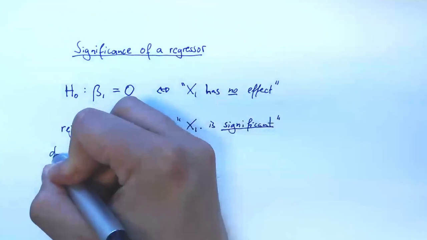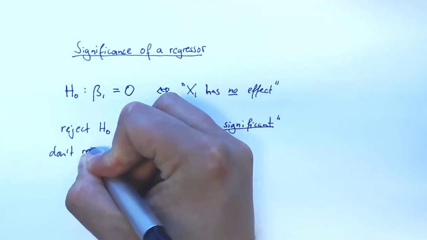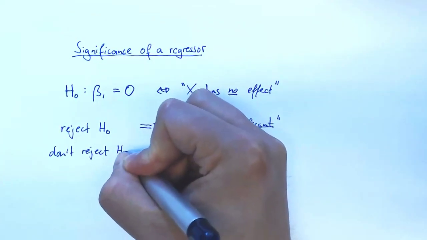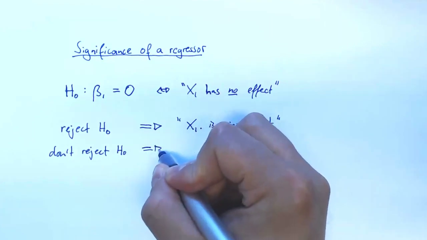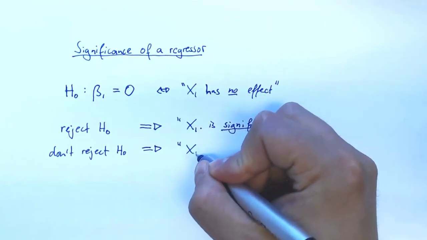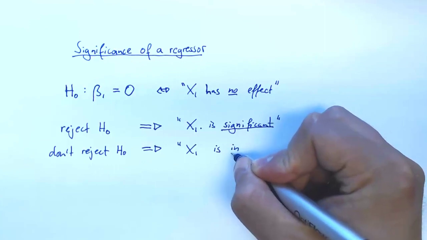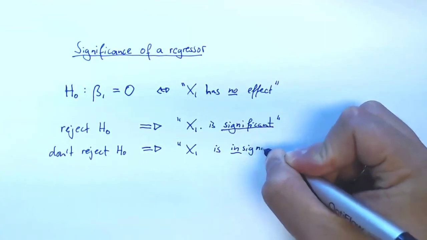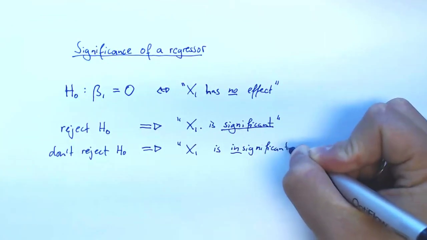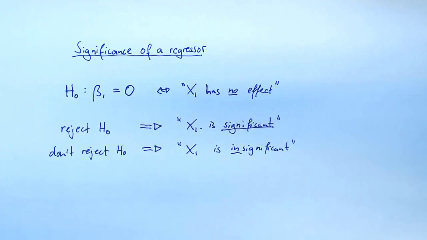If we don't reject H0, then we say x1 is insignificant. Let me briefly comment on this.